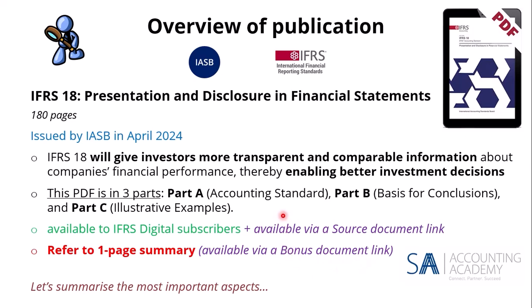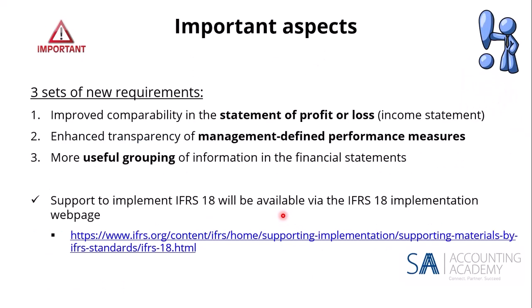So let's go and have a look at the most important aspects of IFRS 18. What has changed? There are three sets of new requirements. The first one refers to the statement of profit and loss, aka the income statement, as we called it in the old days. And what they've introduced there is improved comparability.